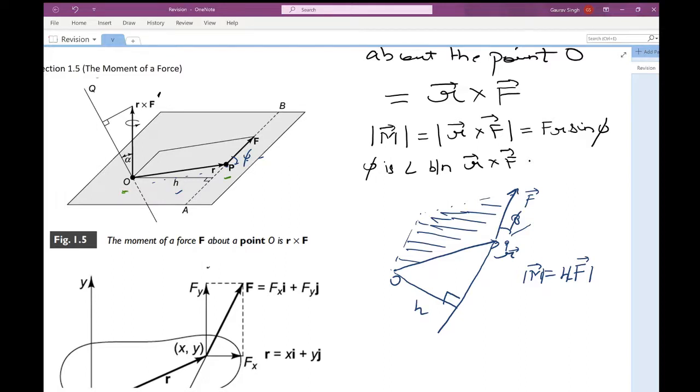Half into base into height would give you half of the parallelogram, and you multiply by 2, that gives you the area of the parallelogram.